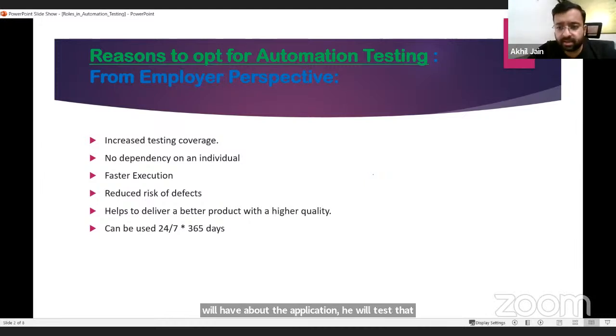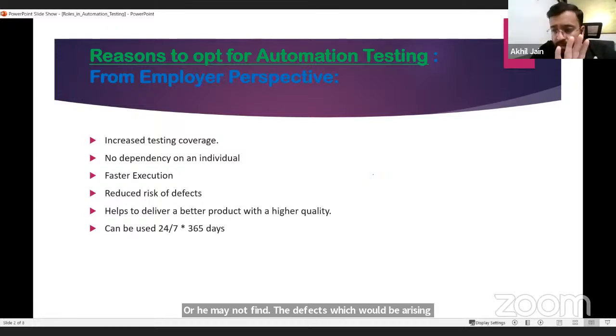Let's say a senior person comes in and starts executing the same test case. Maybe he may find some more defects, or he may not find the defects which would arise, due to the lack of knowledge he may have on the project.